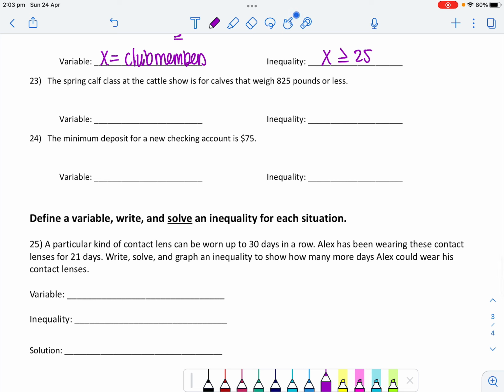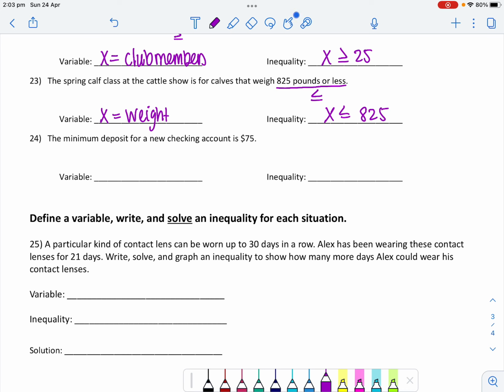The spring calf class at the cattle show is for calves that weigh 825 pounds or less. That's going to be less than or equal to. So X is going to be weight. And that weight is less than or equal to 825 pounds. So the phrasing on that one where it says 825 pounds or less includes the 825. That's why I have the equal sign.